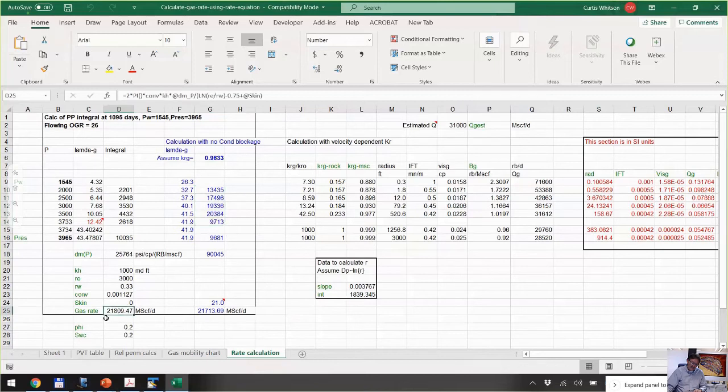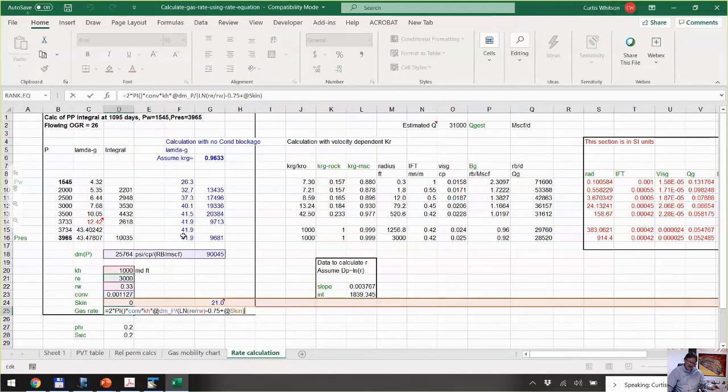Gas rate. He's got the 2 pi conversion factor, just exactly. He uses cell names a lot instead of cell references, so he actually names cells to make it a little bit easier so you can see a little better what the equation is.